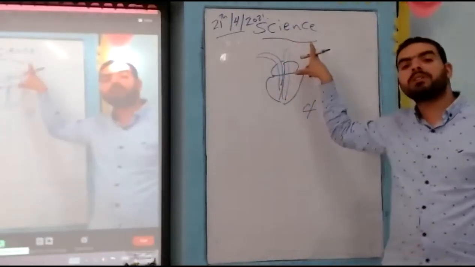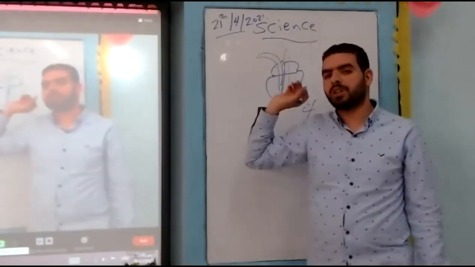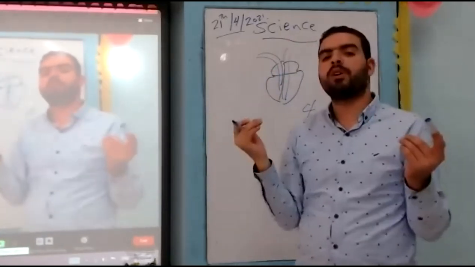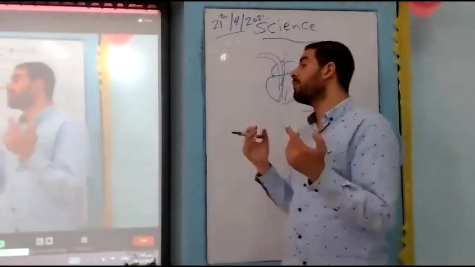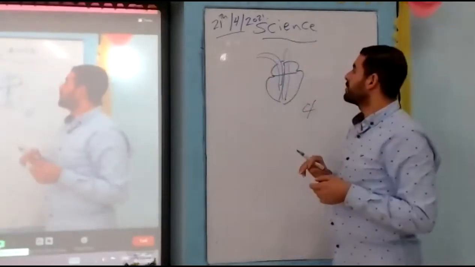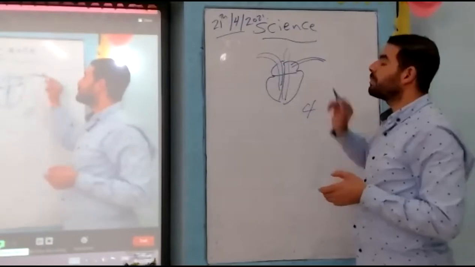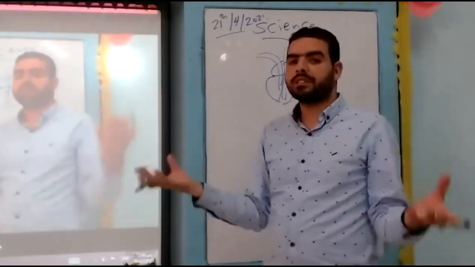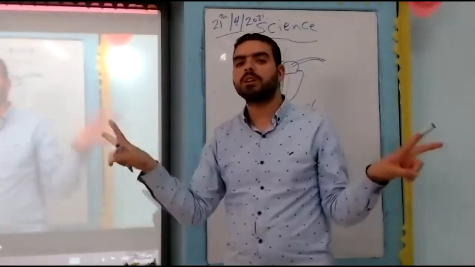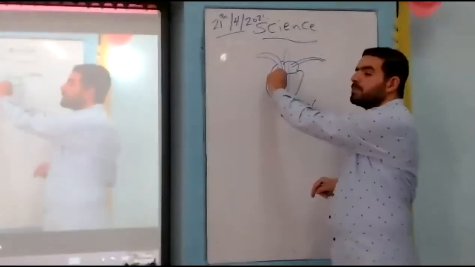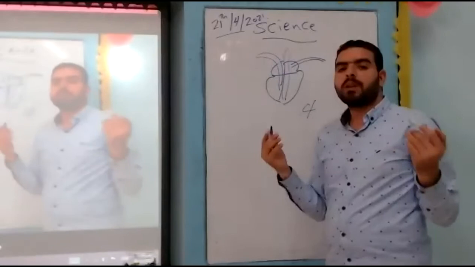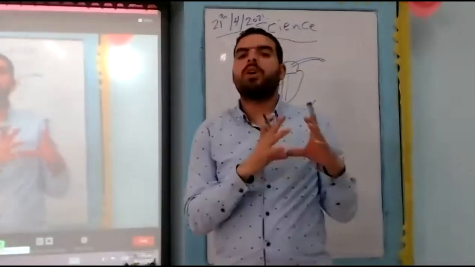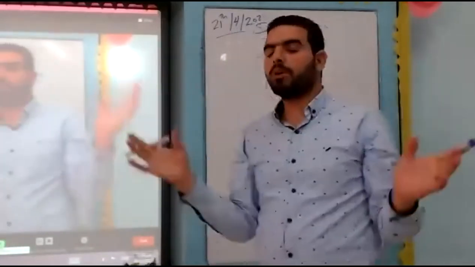While the 2 other chambers, which are called the atria, are responsible for receiving blood that comes from body cells and from the lungs. The left side is responsible for receiving the oxygenated blood from the 2 lungs, while the right one is responsible for receiving the deoxygenated blood or blood carrying carbon dioxide from all body cells.